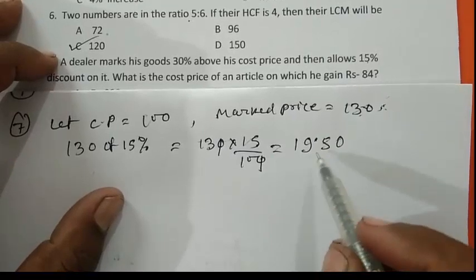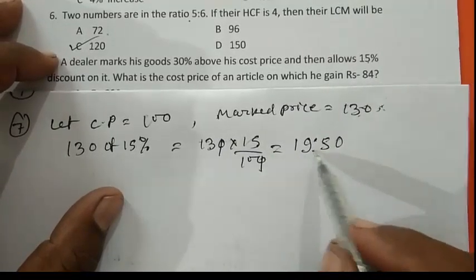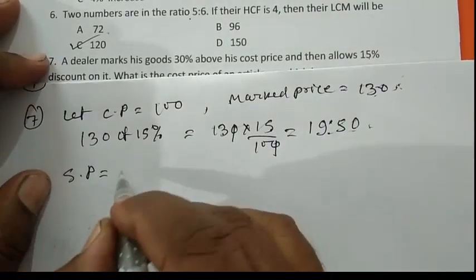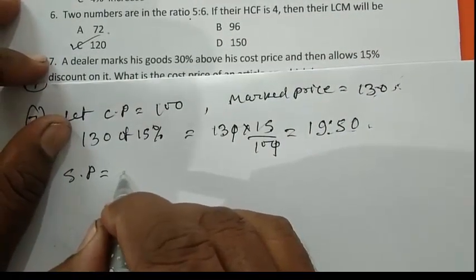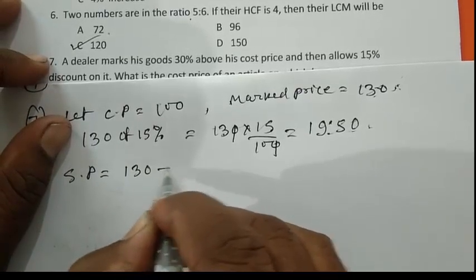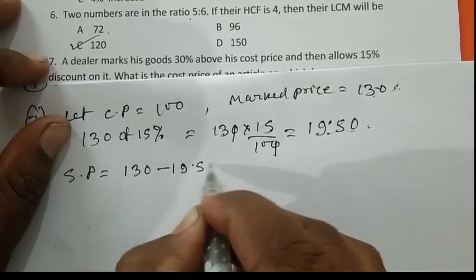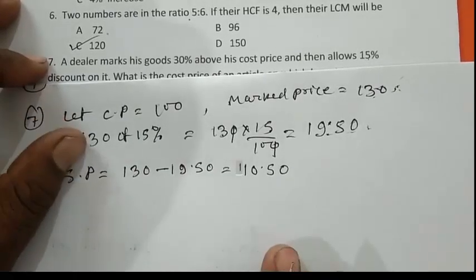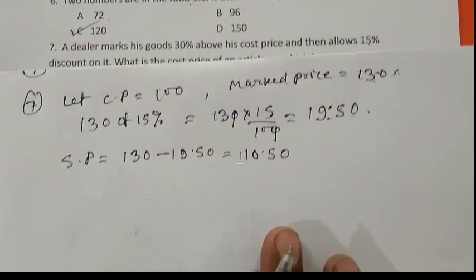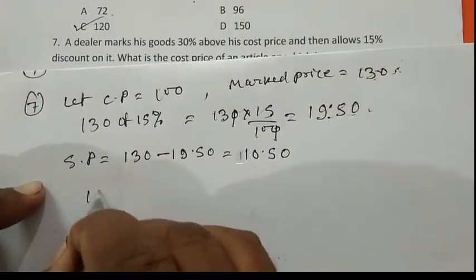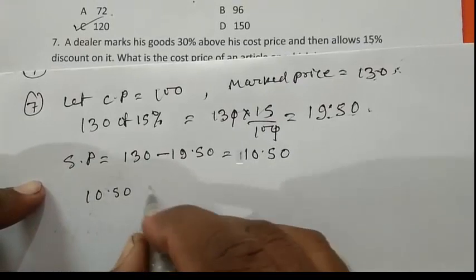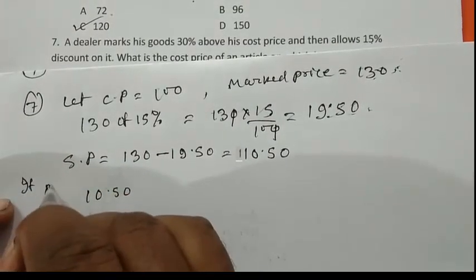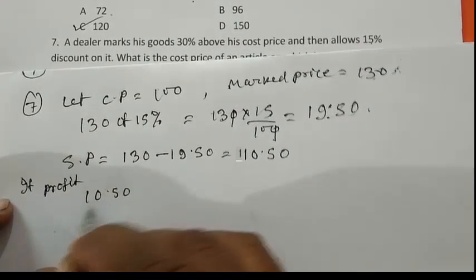So he gives 19.50 rupees discount. So the selling price of the article is 130 minus 19.50, that is 110.50. So he gains 10.50 profit.